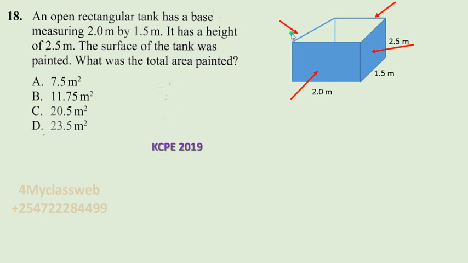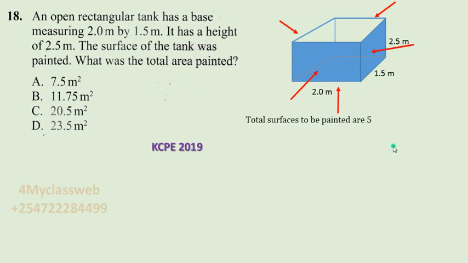Now, before we proceed on, it is important to note that there is also the bottom surface that is also supposed to receive some paints. So in total, the surfaces that are supposed to be painted are 1, 2, 3, 4, and 5. That is, in total, you'll get 5 surfaces that are going to receive paint.